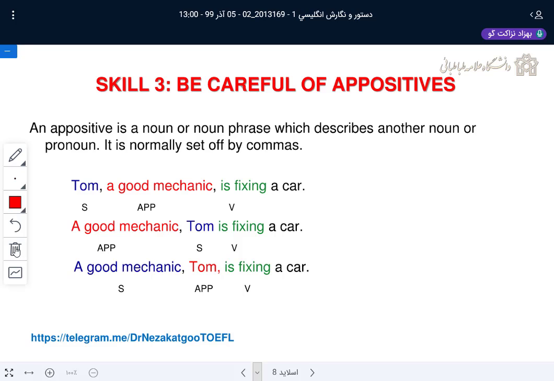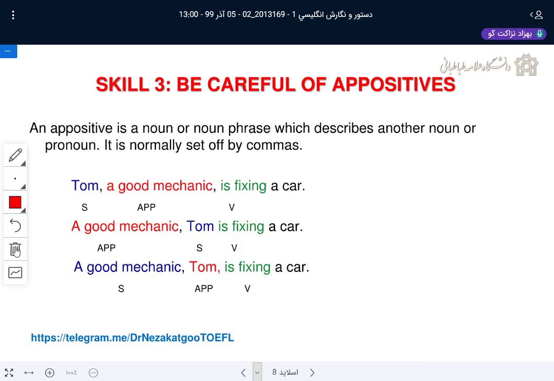When I say, my brother Reza is a teacher, my brother Reza, if you do not see any comma, it means that I have more than 1 brother.